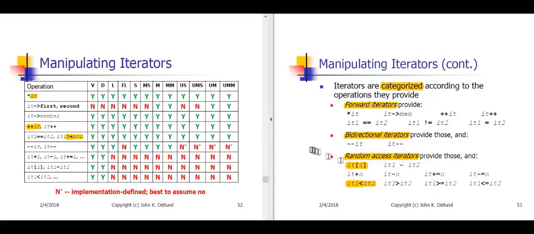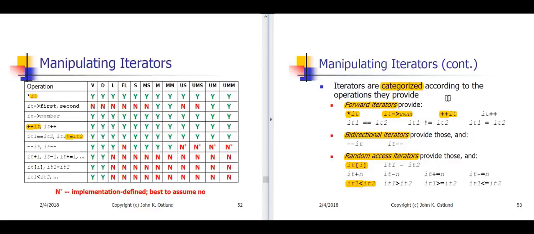So specifically, an iterator is a forward iterator if it supports all of these operations. That is, it needs to be able to support star to access the element of the container that the iterator is currently pointing to. It also needs to support the arrow notation in case the iterator is pointing to a class or a struct that has member functions or data members. It needs to support the plus plus operation, which will move the iterator forward to the next element in the container.